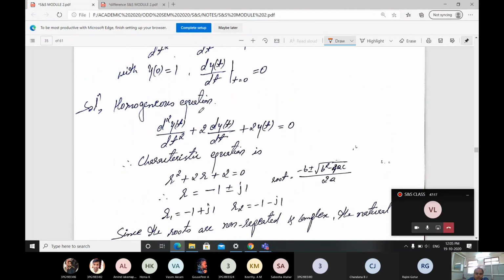Therefore, first we have to write the homogeneous equation, that is d square y of t divided by dt square plus 2 dy of t divided by dt plus 2 y of t is going to be equal to 0.